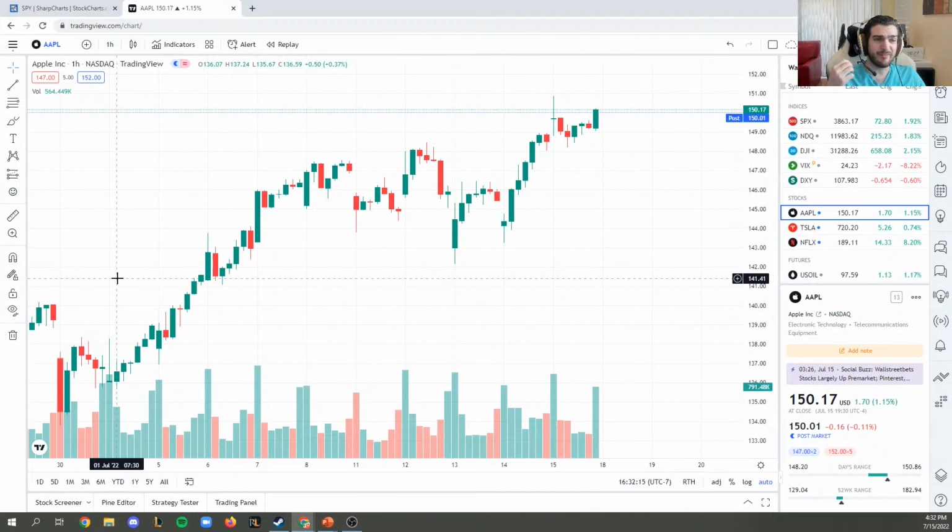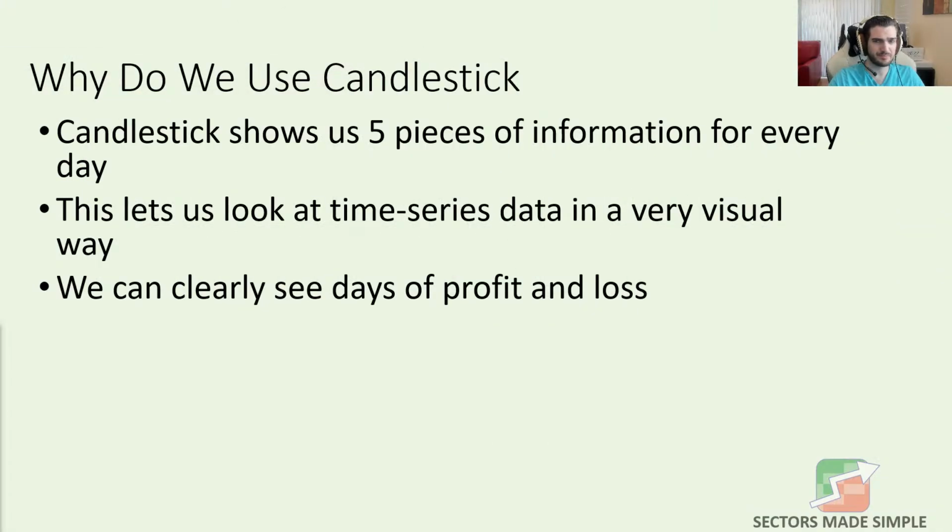This ability to visually see a chart and not have to read it to get information out of it is valuable. It lets us quickly look and know what's going on. We can see volatility, we can see price changes, we can see trends and everything, all just in a quick glance.